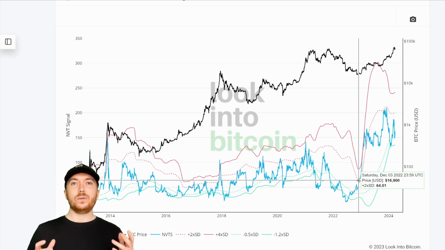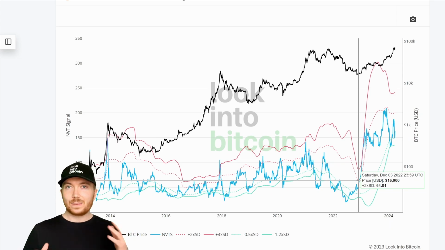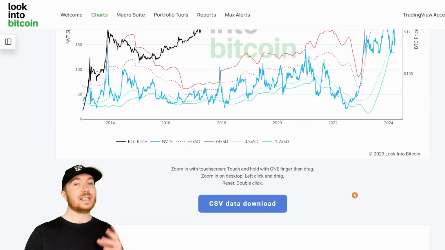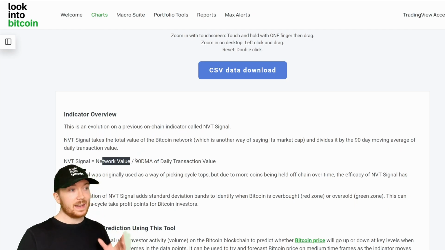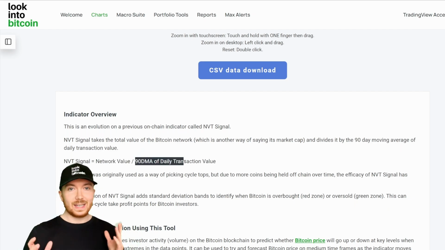And we also see the huge rise in popularity of Bitcoin ordinals, which are these Bitcoin smart contract NFTs assigned to individual Satoshis, which saw maybe a little bit of an unnatural divergence to the upside, we'll call it, in network transaction value, because the advanced NVT ratio, if we just come down here, is looking at the network value or market cap divided by the 90-day moving average of daily transactional value in USD.